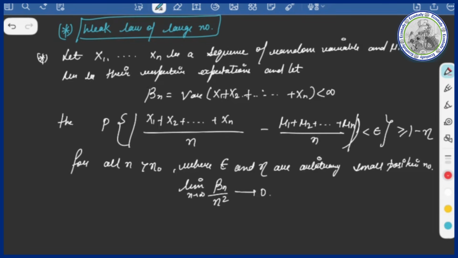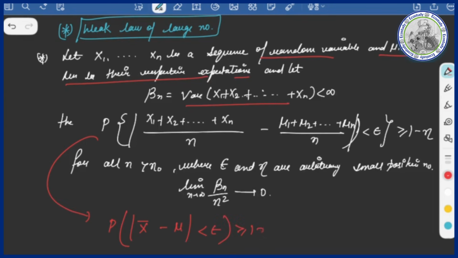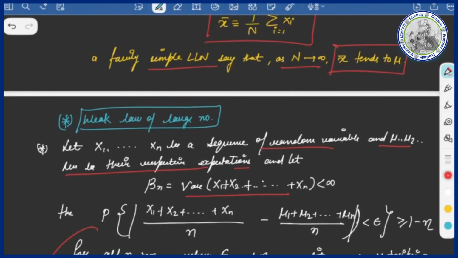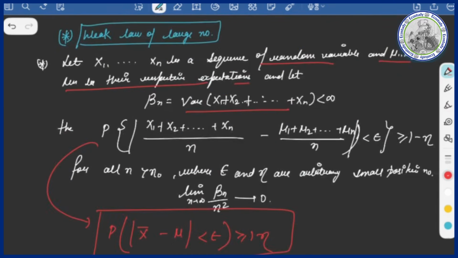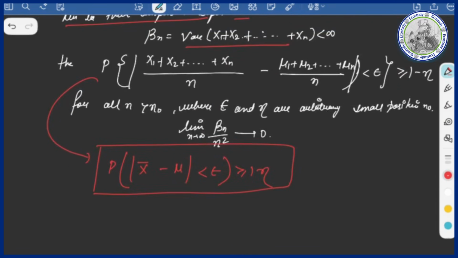What does it say? If X1, X2 is a sequence of random variables with respective expectations mu1, mu2 and variance, then in a different form we can write that probability of X bar minus mu less than epsilon is greater than 1 minus eta. This is what we have seen in the law of large number. It is 1 minus here.